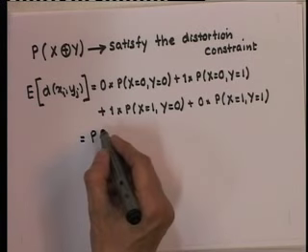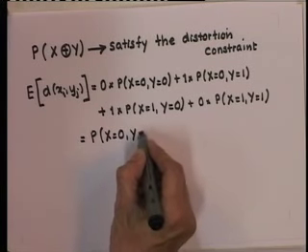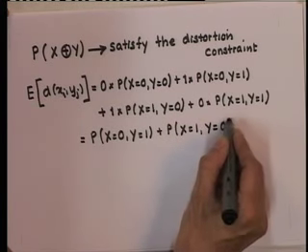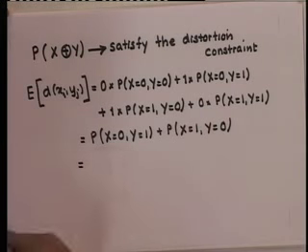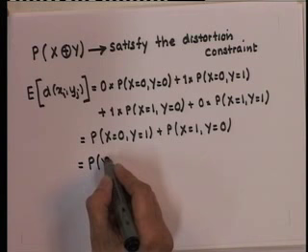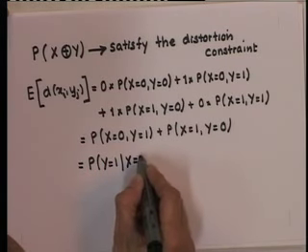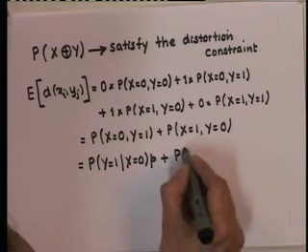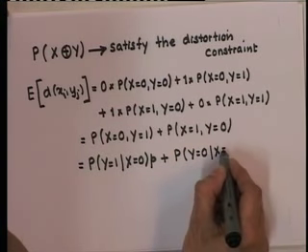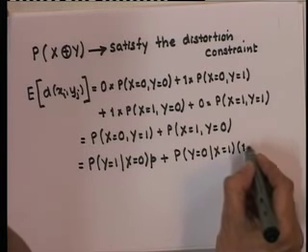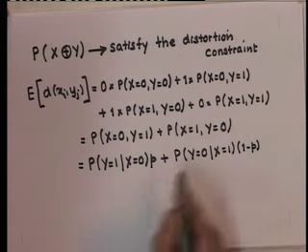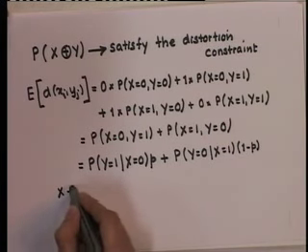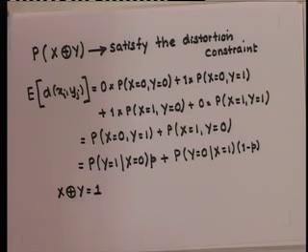This can be written as the probability of X equal to 0, Y equal to 1 plus the probability of X equal to 1, Y equal to 0, which can be rewritten as the probability of Y equal to 1 given X equal to 0 multiplied by the probability of X equal to 0, plus the probability of Y equal to 0 given X equal to 1 multiplied by the probability of X equal to 1, that is 1 minus p.